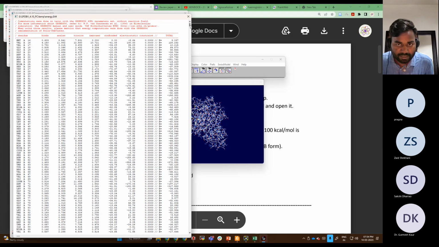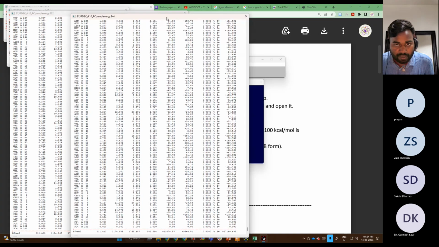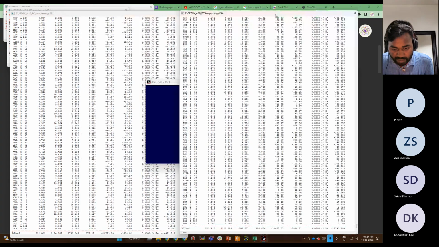Now in this case, the energy of this layer is how much? 17,140. Is it under the 100 kilocalorie range?